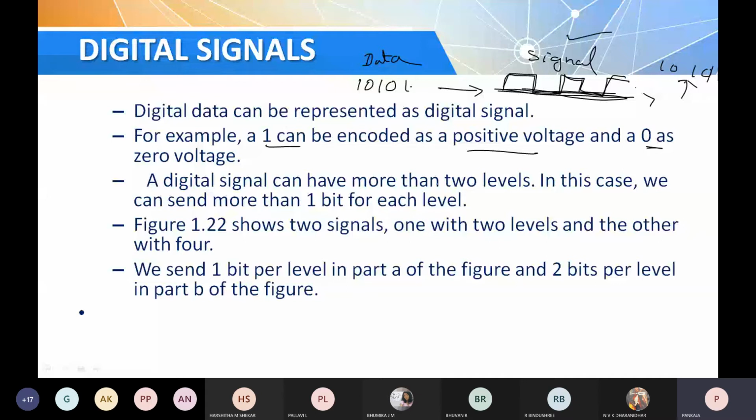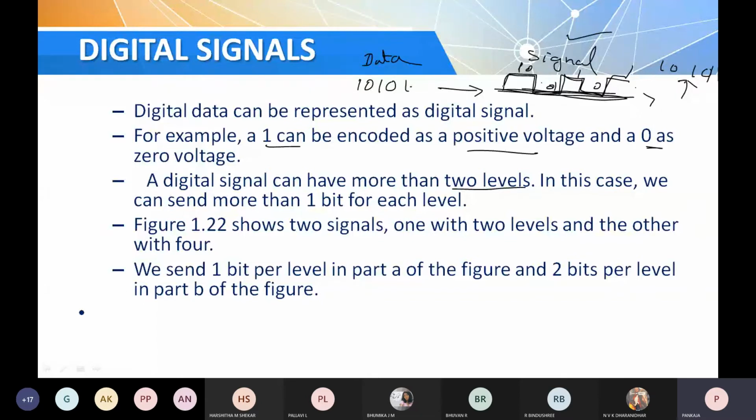A digital signal can have more than two levels. In this case, we can send more than one bit for each level. Here we are sending only one bit, but we have different ways. In that case, I can represent 1 0 here, then 0 1 here, something like that.